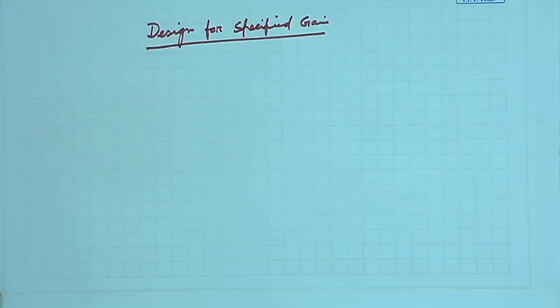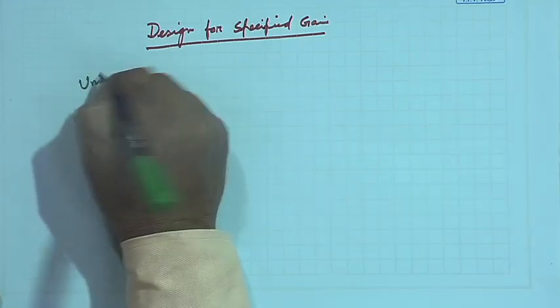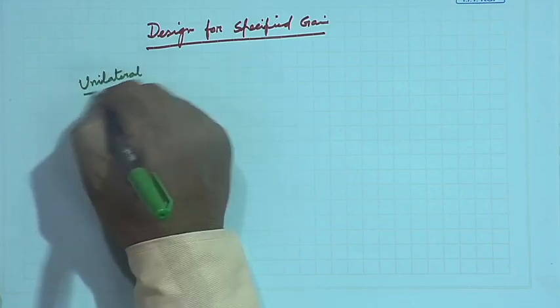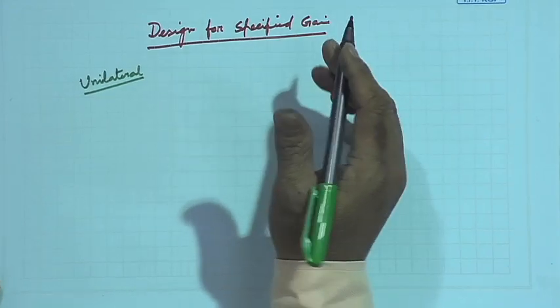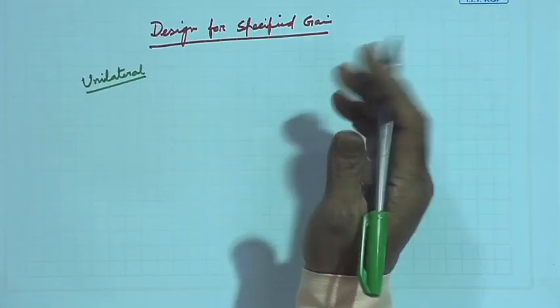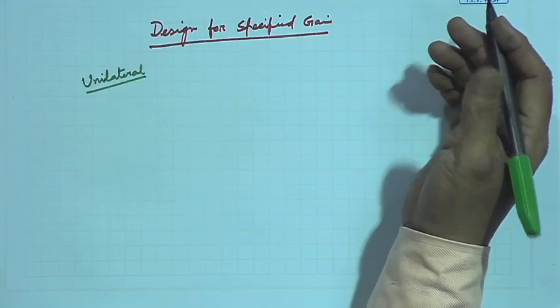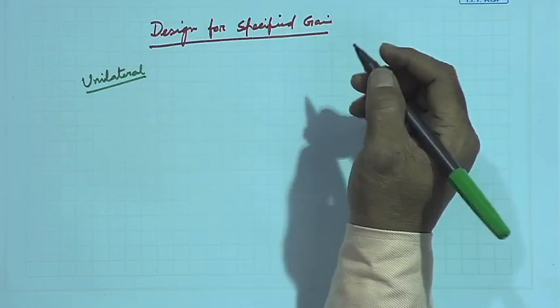Again here, we are now becoming more practical, and we have seen how to do bilateral design. Here we make a unilateral approximation, that generally all practical transistors that we will be using are unilateral. If you cannot make this unilateral assumption, you know how to design here, that you can do.